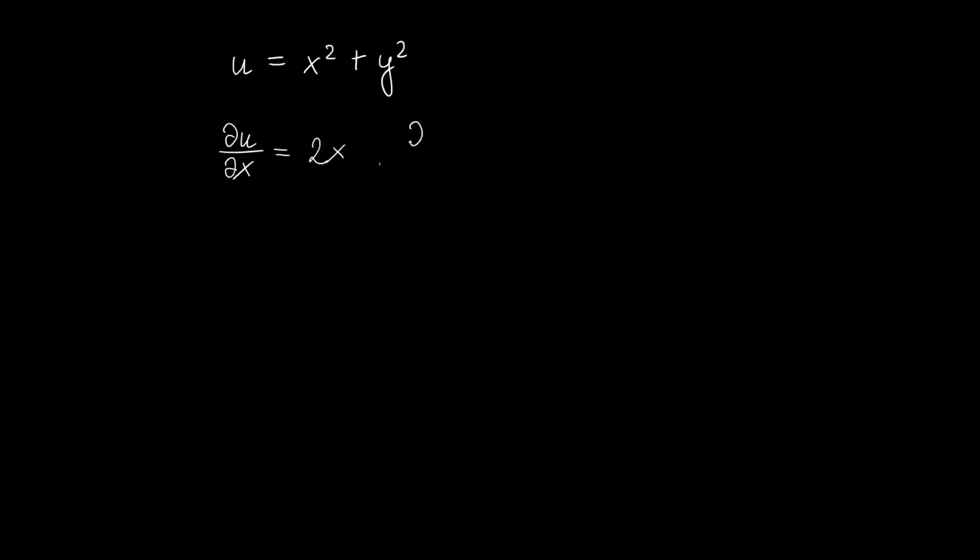And that will be exactly the same, because situation is symmetrical, that derivative of u with respect to y is 2y. We can obviously complicate it, and we will in a few examples in a minute.